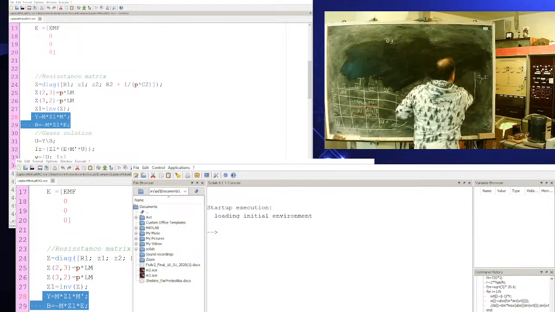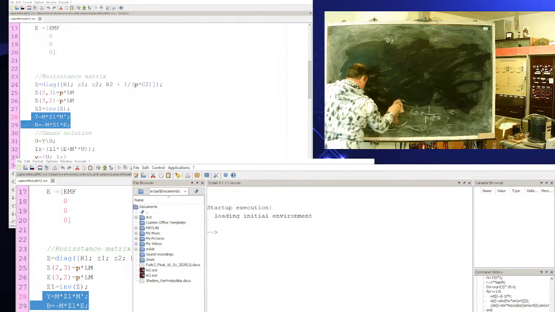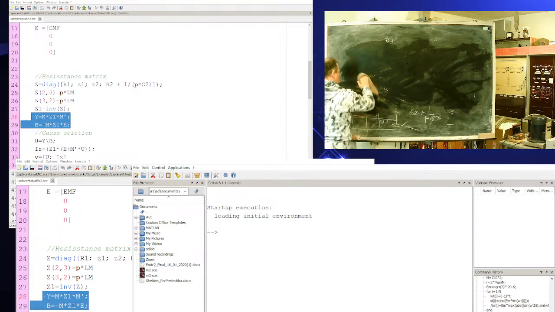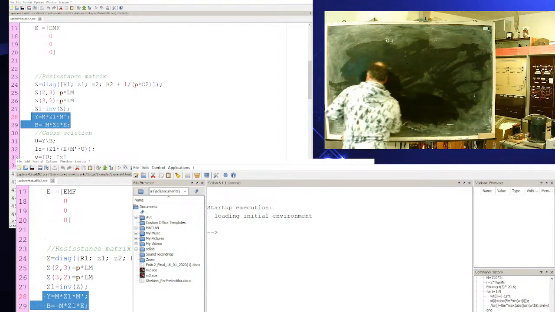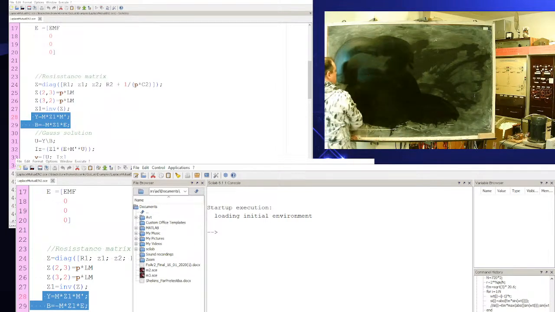These two elements are to prepare nodal admittance matrix. I will solve system with the method of nodal admittance.